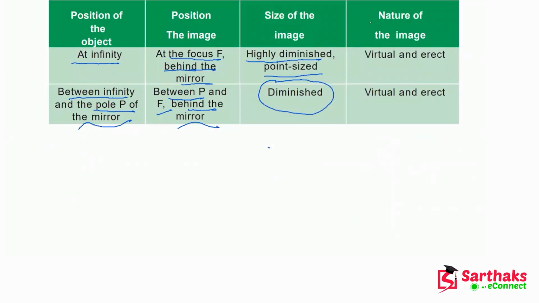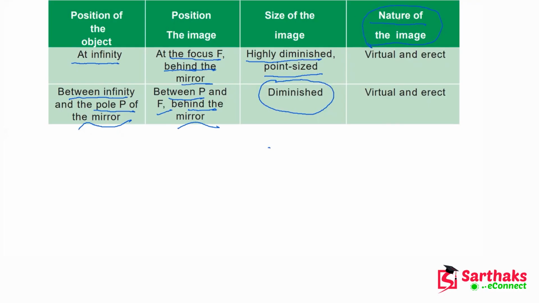Now let's talk about the nature of the image. It is a very, very crucial term. In the upcoming parts, we will be solving some numericals also. Even in this part, we will solve some numericals. At that time, the nature of the image is asked very frequently in the questions.